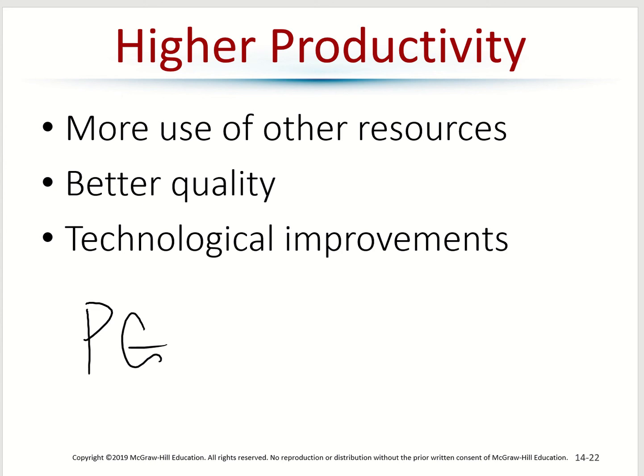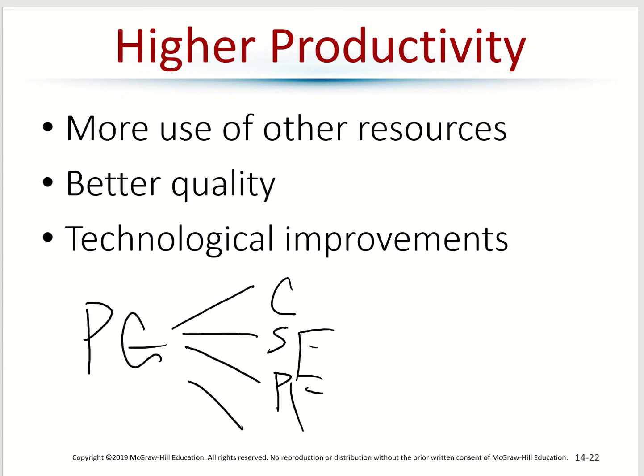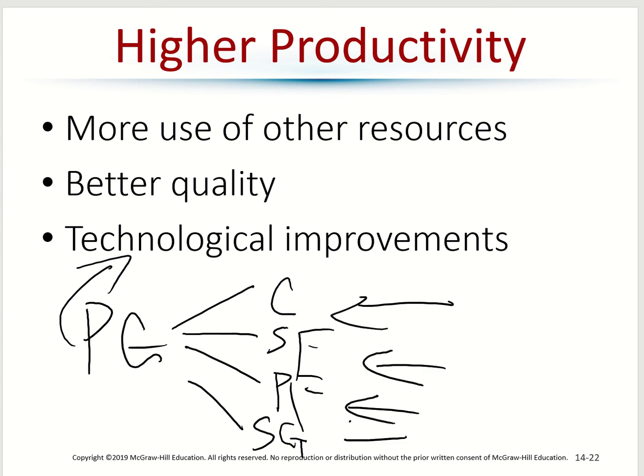They make all the other position players look better. Your center looks better, your small forward looks better, power forward looks better, and your shooting guard looks better because this point guard can distribute the ball better. Now this point guard is your technology. So if you can improve your technology, you can also improve the productivity of your other resources. That's your technology improvement.